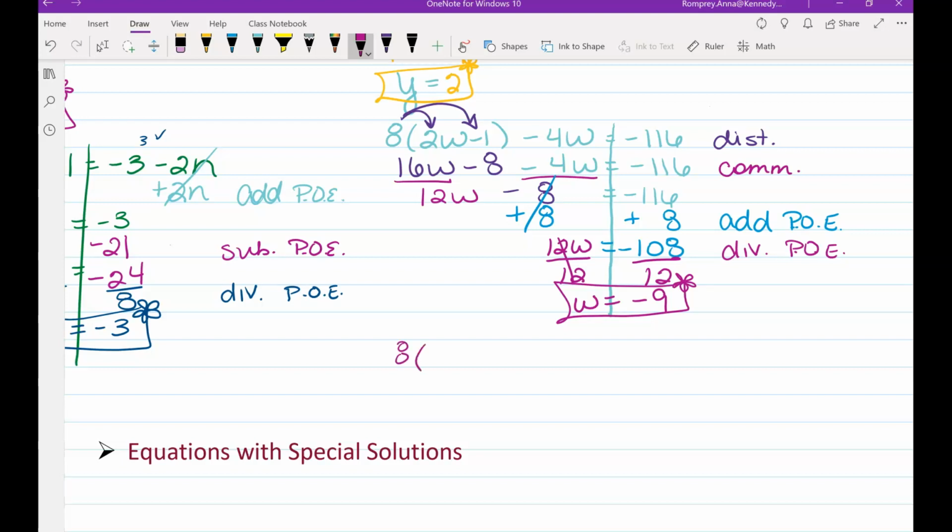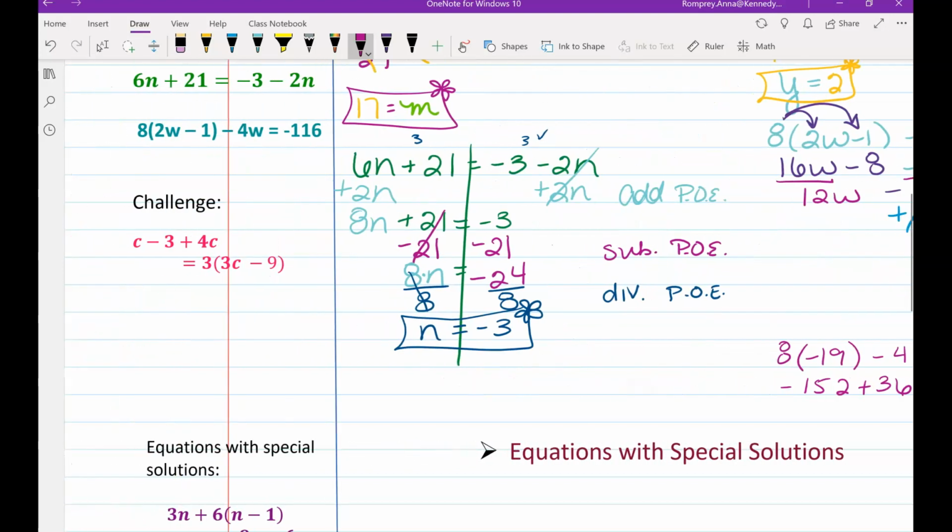So 8 times, we said negative 18 minus 1 is negative 19, minus 4 times negative 9. So we got negative 152 plus 36. It does give us negative 116. That's pretty positive, but I still like to check myself, make sure I didn't make any little silly arithmetic errors on the way.